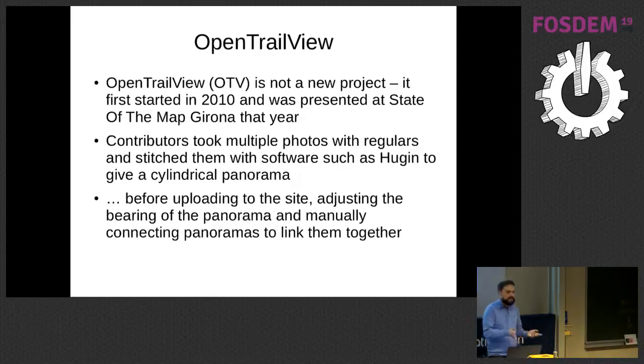The standard in this area, and it still is by the looks of things, is Hugin, which is open source photo manipulation software that allows you to do things like stitching. At the time, it didn't really seem to auto-stitch very well. You had to manually adjust the stitching, and it was all quite a long-winded process.